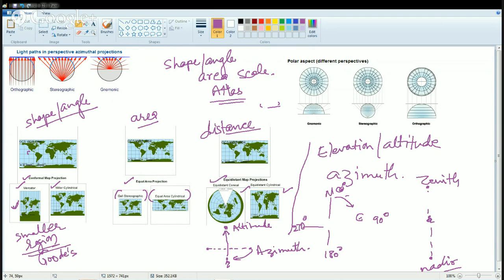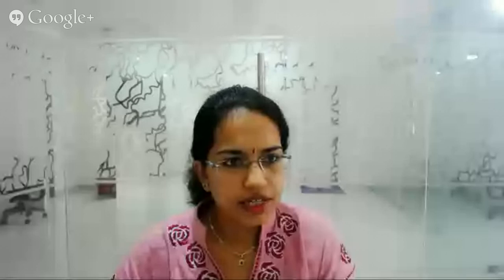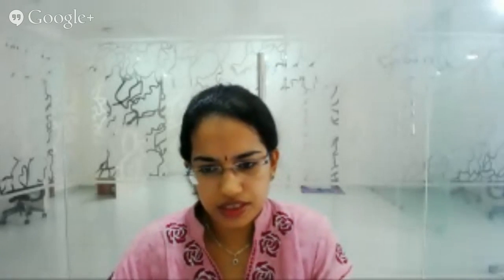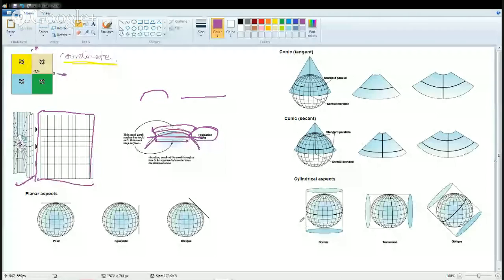Now let's understand a different concept, the types of projections. I can have conical projections, cylindrical projections, and planar projections. When we talk about conical projections, they can be of two types. First is the tangent, and the second is the secant.